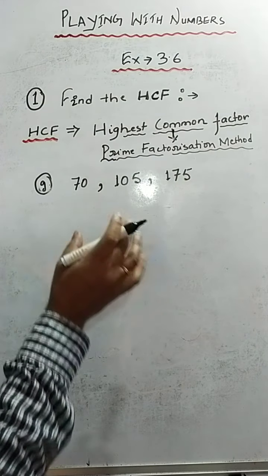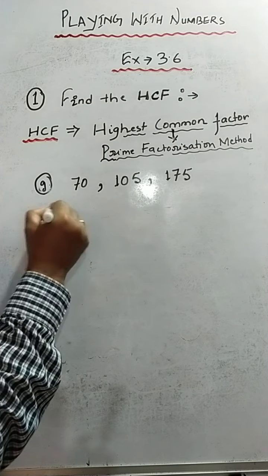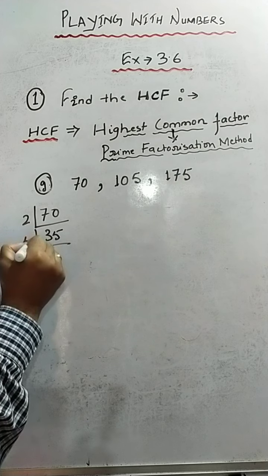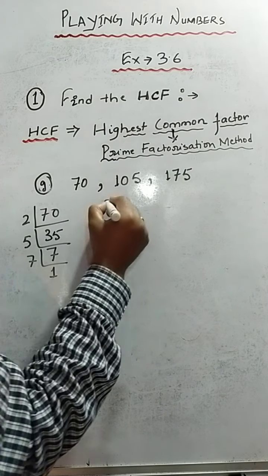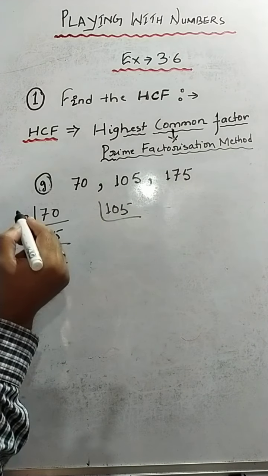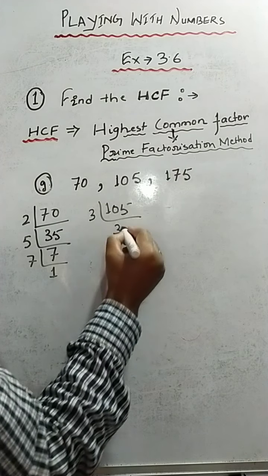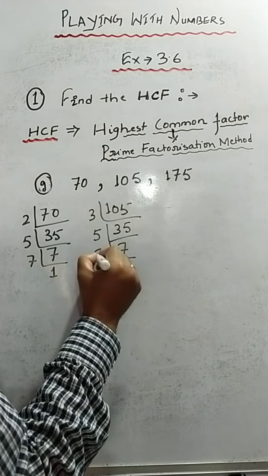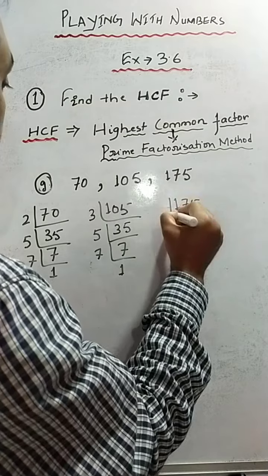What is the first thing? We'll find out the prime factorization of each number first. So 70 would be what? 2 35s, 5 7s, 7 1s. Now 105. Again it is not divisible by 2 but definitely by 3. 3 35s, 5 7s, 7 1s. 175 is also not divisible by 2.